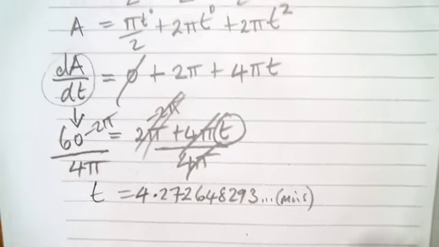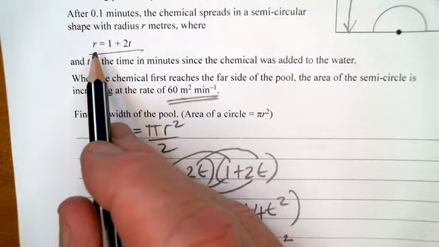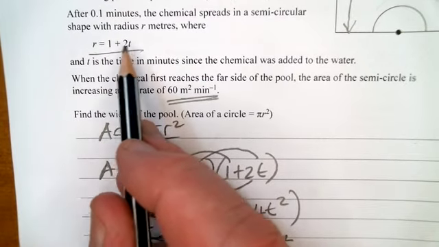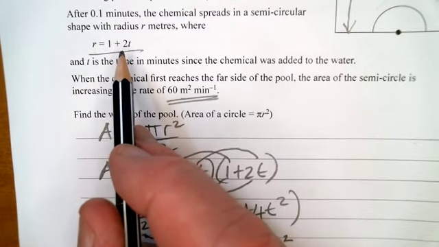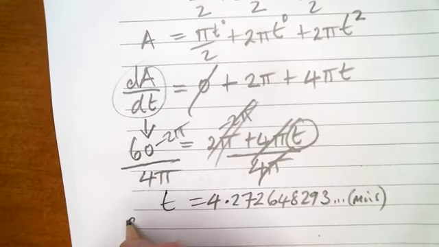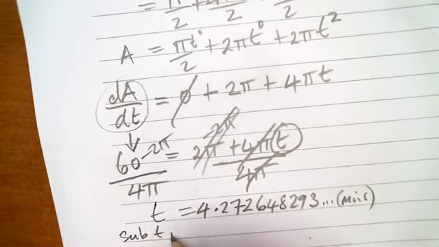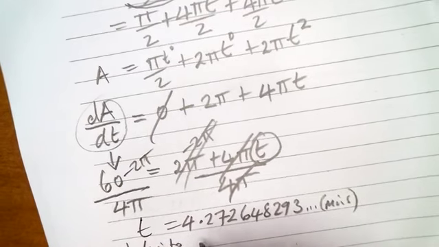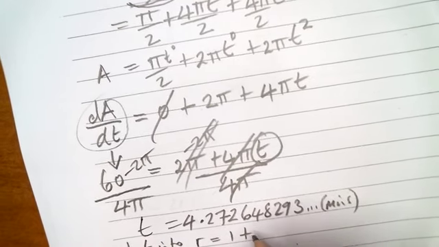All right. Well, let's put that back into the original equation here, and that's going to give us r, the width of the pool. That's what we're after. So I'll substitute t into r equals 1 plus 2t.